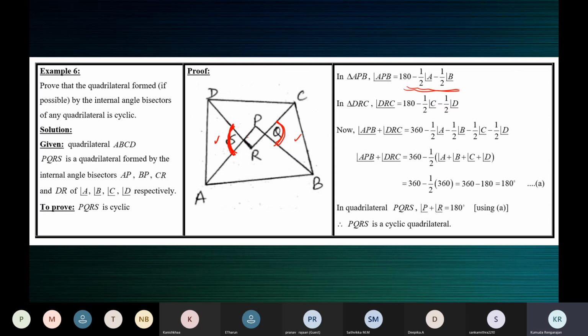So now vertically opposite angles are equal. Whatever you get here, the same thing here. This angle will be equal to this angle. Vertically opposite angles are equal. So you will get 180 minus half angle A minus half angle D. And here this angle is equal to this angle, so it will be 180 minus half angle B minus half angle C. So see here, 360 minus, you'll get the same thing.